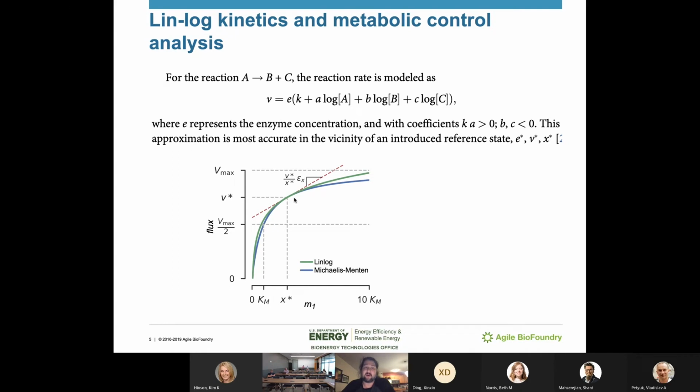As soon as you start getting further away from it, this is a logarithm, so it goes up to infinity, whereas Michaelis-Menten will hit some Vmax. So far from equilibrium, it's not very accurate, but near equilibrium, near the reference state, it seems to be pretty good at modeling Michaelis-Menten.